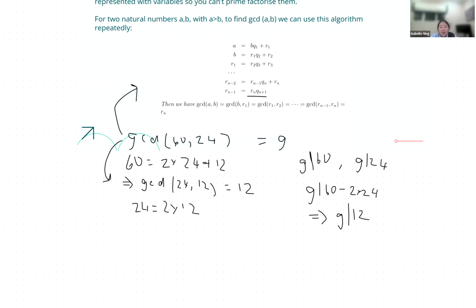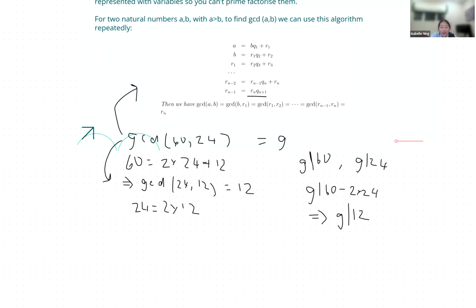Since we're not doing anything to the bigger number and you're subtracting a smaller number from it and it ends up as a smaller number, there won't be a number greater than the greatest common divisor that divides both of them. But on the contrary, if you do something to the bigger number, the greatest common divisor might get a bit bigger. So try not to do that if you can avoid it.